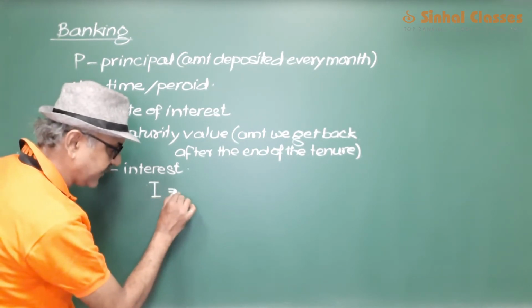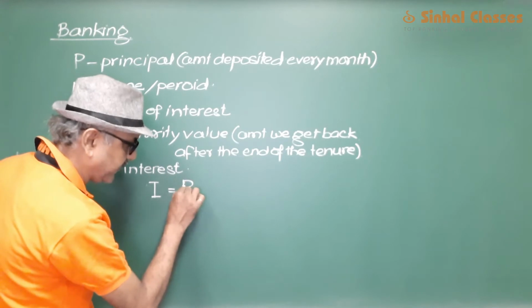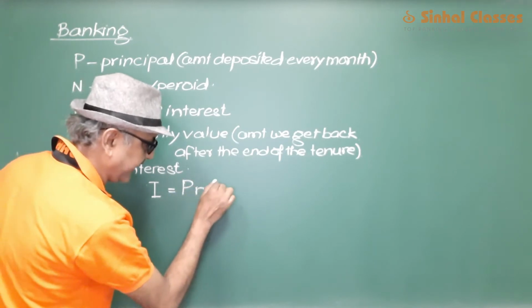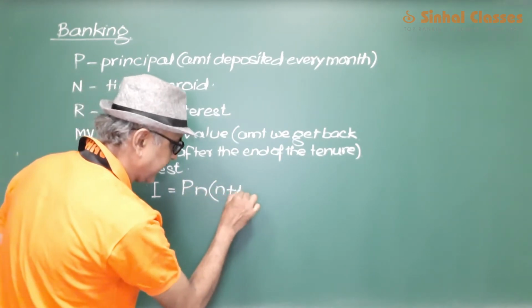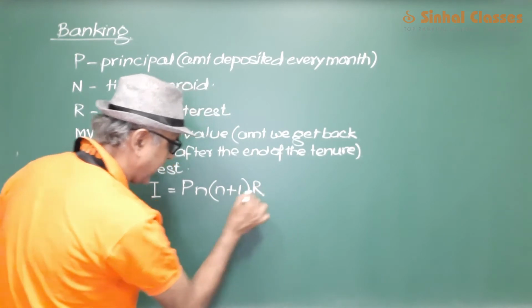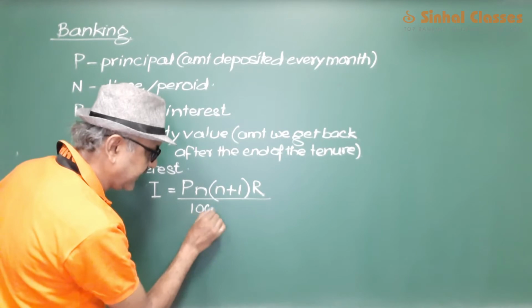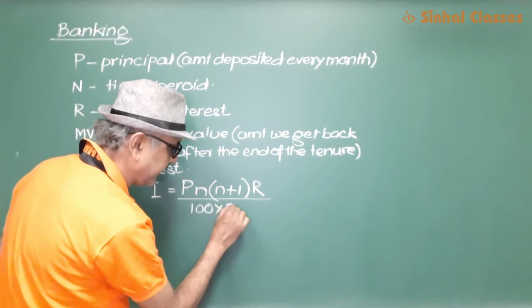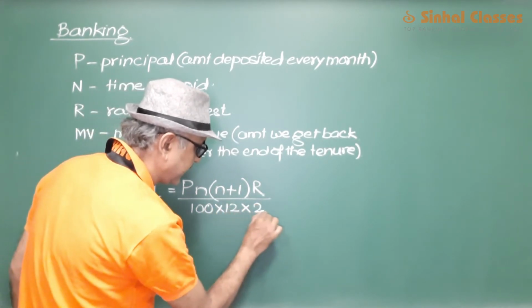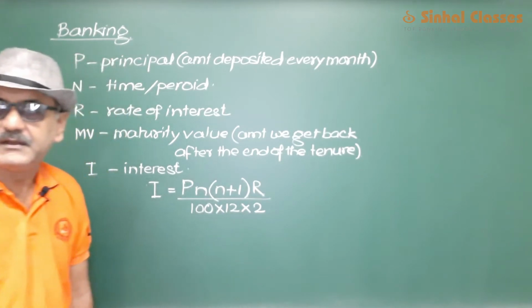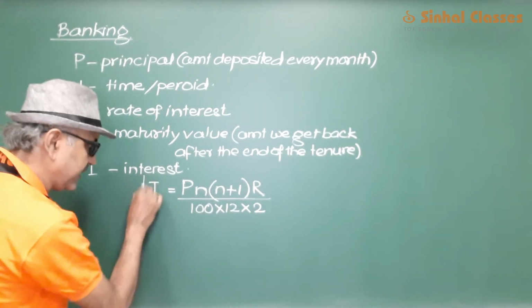I is equal to P into N into N plus 1, R upon 100 into 12 into 2. This is formula number 1.